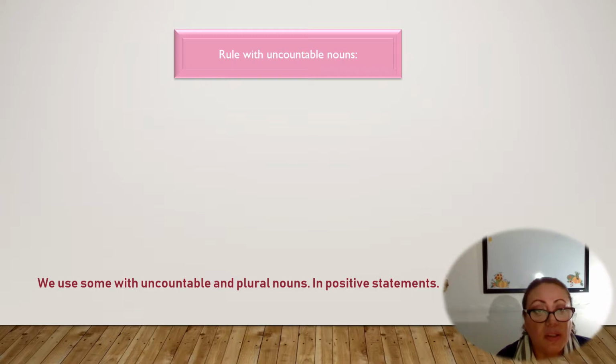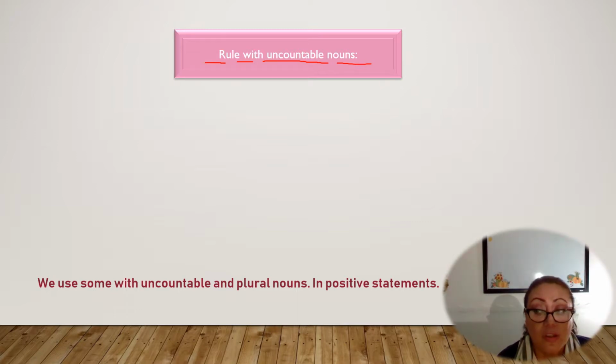Now, look at this. We're going to take a look at the other rule with uncountable nouns. Remember what are uncountable nouns? Things that usually I don't say 1, 2, 3, 4. For example, I cannot count the milk, juice, rice, sugar, chocolate. All those things are uncountable.